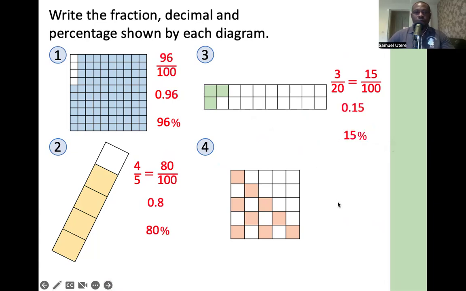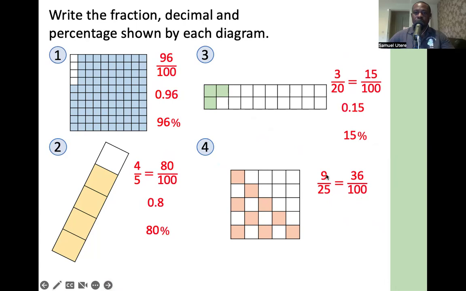All right. Now here, counting the number of squares shaded, we have 3 here, 2 here, that's 5, plus 2, 7, plus another 2, 9. So we have 9 out of 25 shaded. We can apply the same thing we did here, right? We want to express it as hundreds. So 4 lots of these will give us 100.